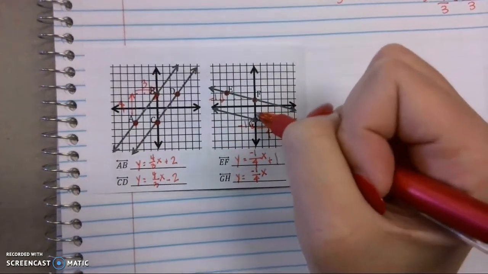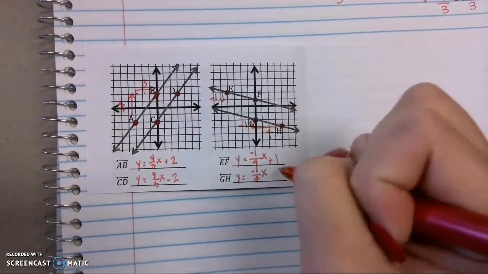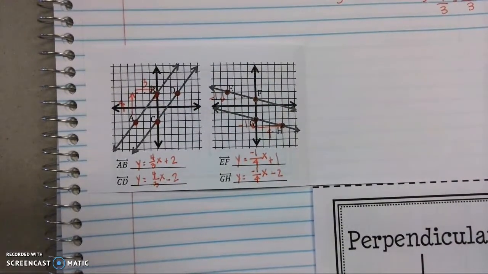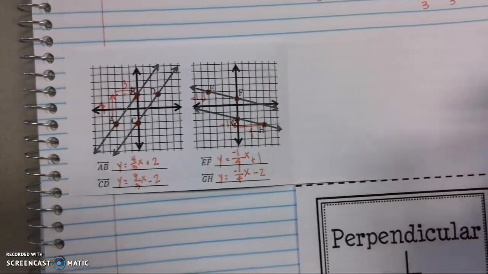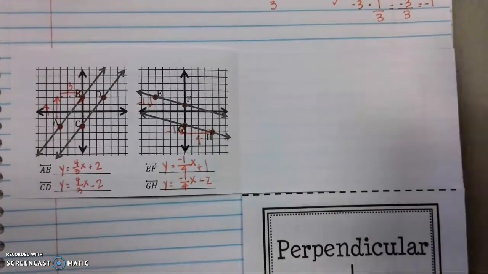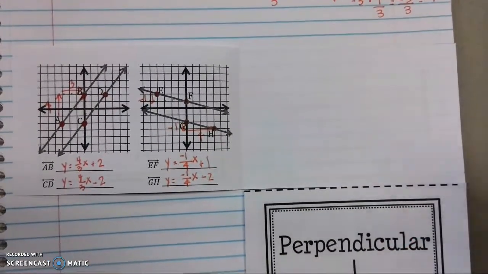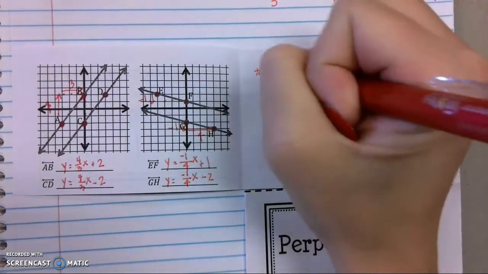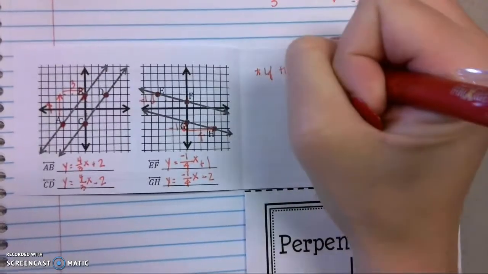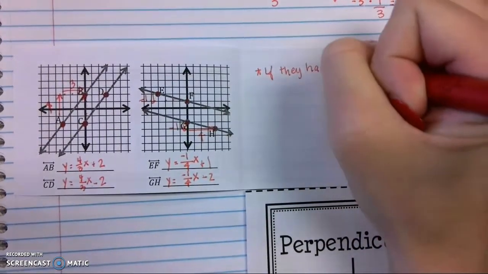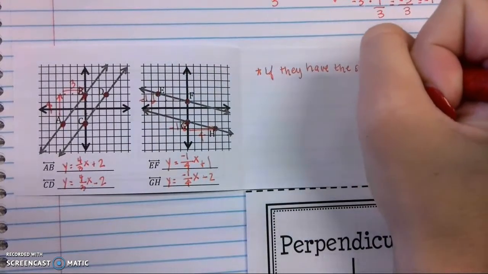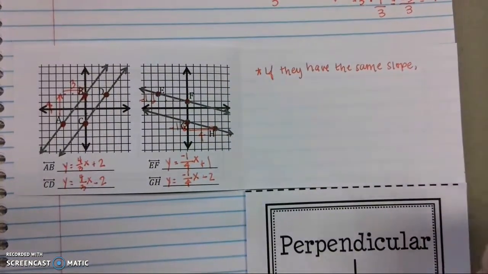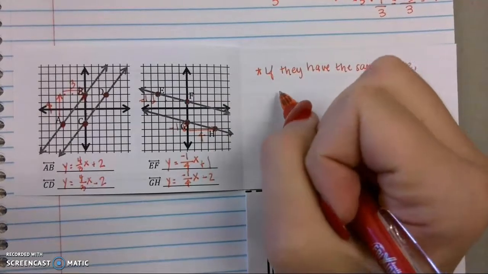The y-intercept here is -2. So a little bit of review, a little bit of new stuff. So let's just write down some final thoughts here. Little fun facts: if they have the same slope, the lines are parallel.